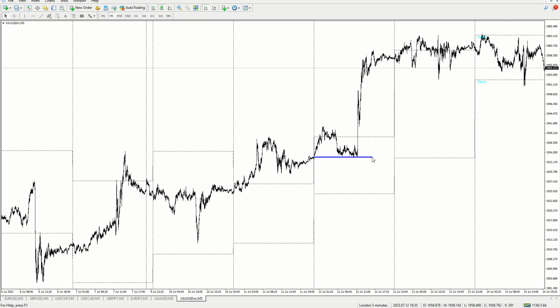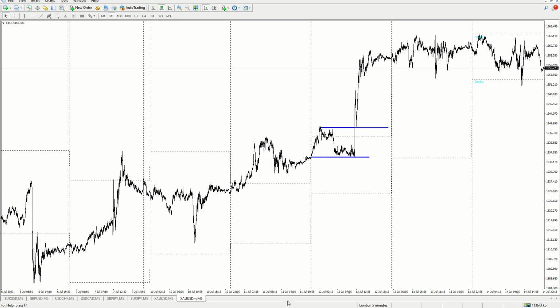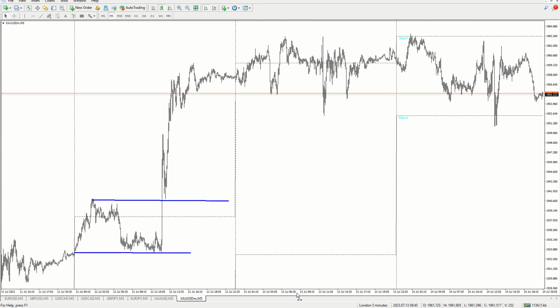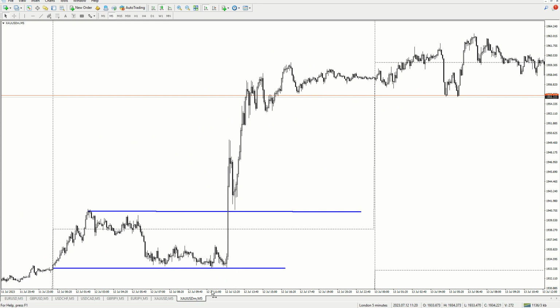So this is my consolidation, and I will take this one as consolidation as well, because this was the high of Asia and the low of London. I just want this to be perfect. It's fine. So let's look at what really transpired during this news.